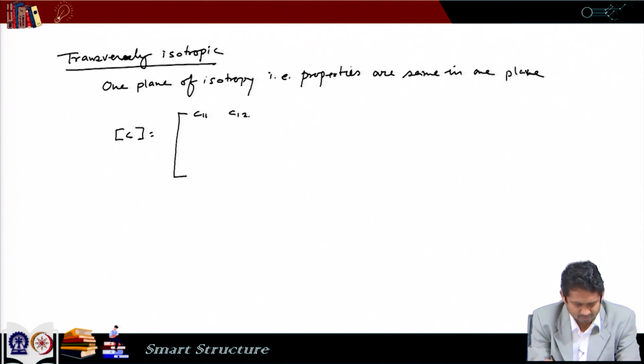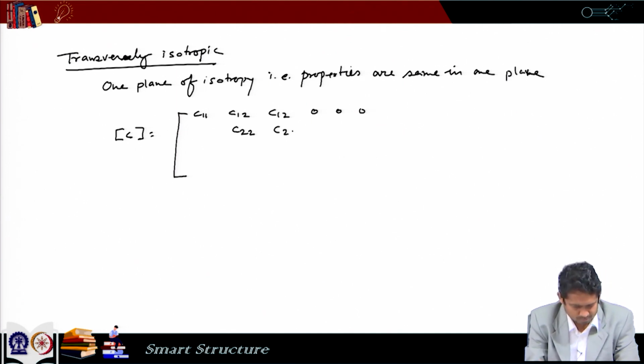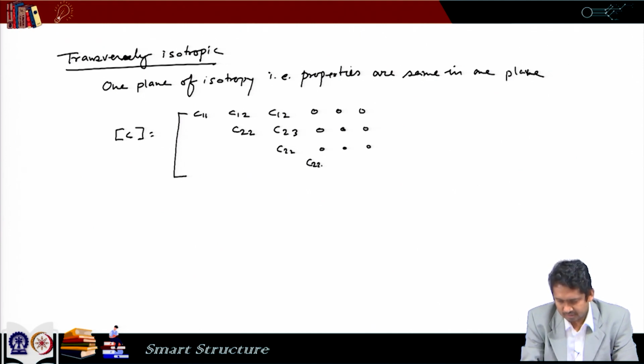C11, C12, C23, and then we have C22, C23, C22, and this is symmetric.